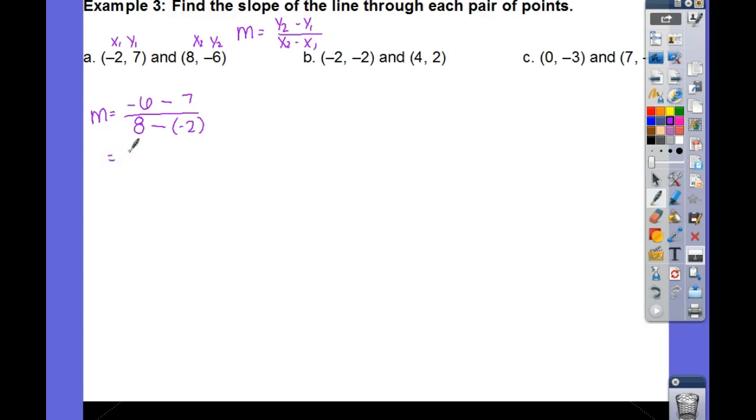So -6 and -7 give you -13. A minus becomes a positive, so 8 plus 2 is 10. Guys, fractions are your friends. Keep them as a fraction. It is much easier to have slope as a fraction than a decimal. So I shouldn't hear any calculators right now.